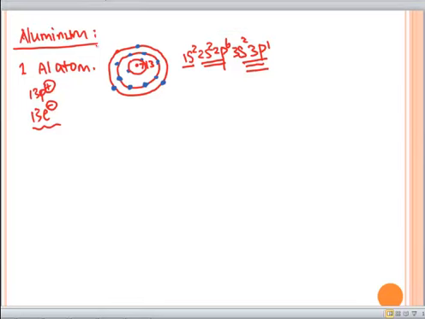So then let's put a second aluminum atom right by the first one. For the first one, you have this, and let's write in 2, 8, 3.